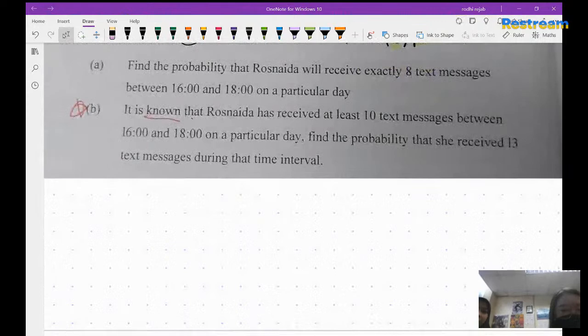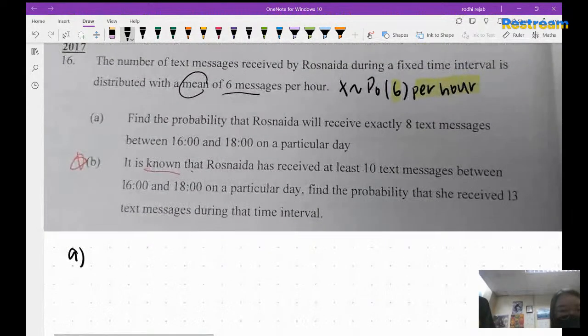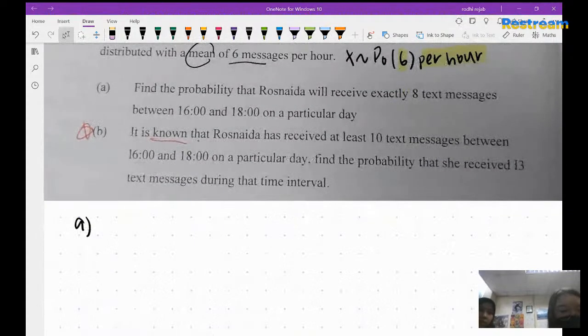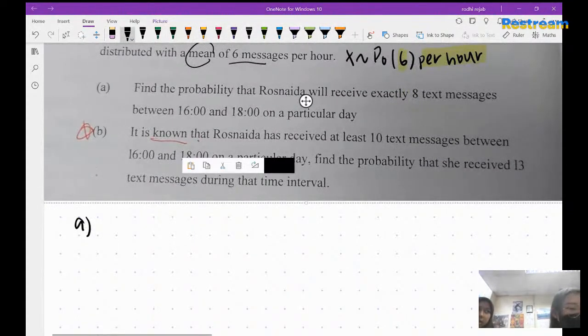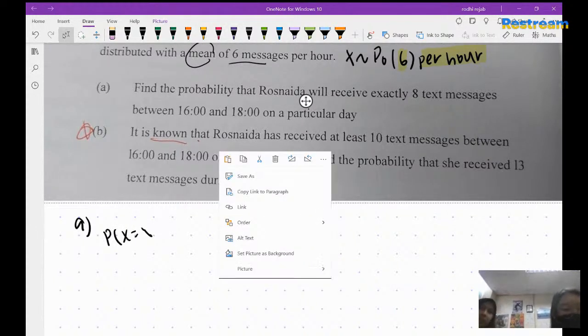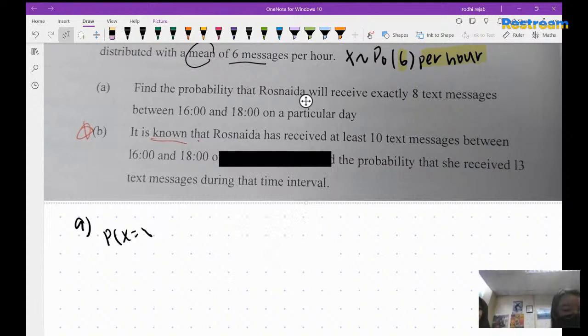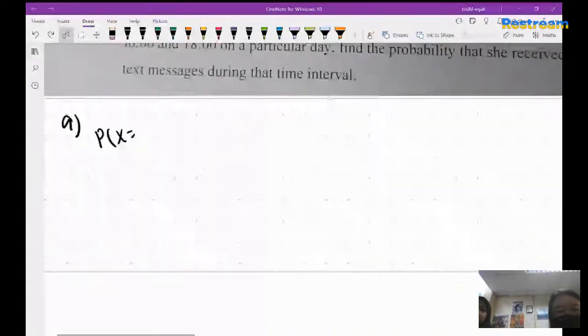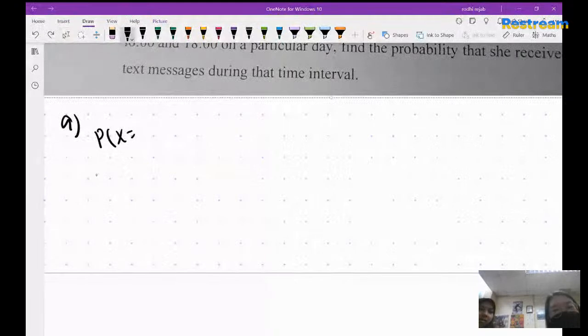And then this one. Okay, so since this one is poisson, we have a formula which is P(X = x).